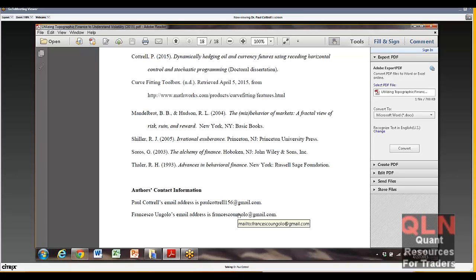But there are many different strategies that you could use to hedge against risk.